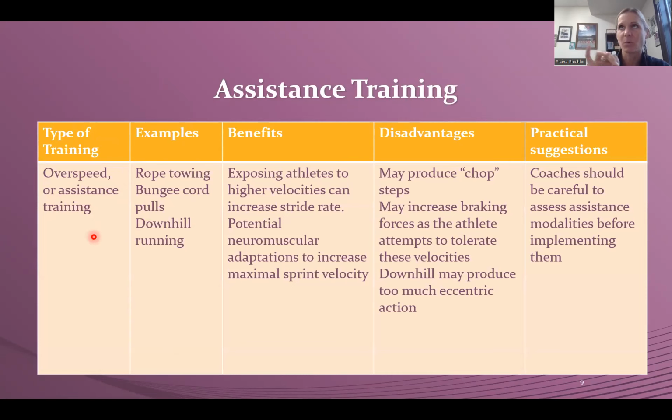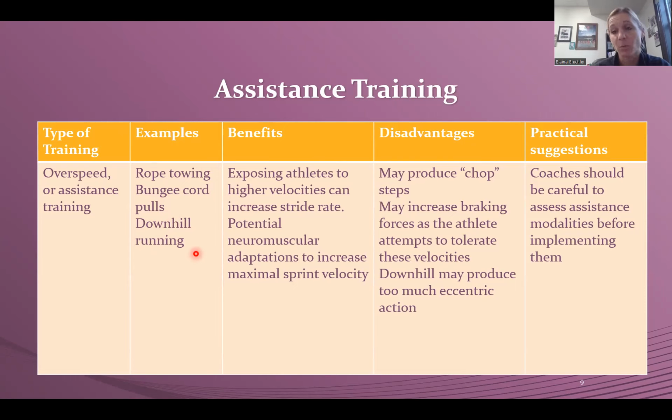So again, the idea is we want to try to get the athlete to be running faster than they could in a regular scenario, basically. And so some examples of this, we could pull them with a bungee cord. We could do downhill running, even at a slight grade. Again, it takes the gravity a little bit out of the question. So those are a couple examples of how we can create assistance running.